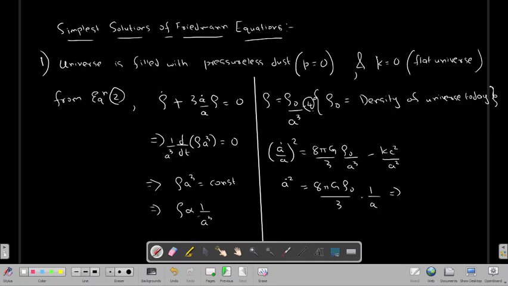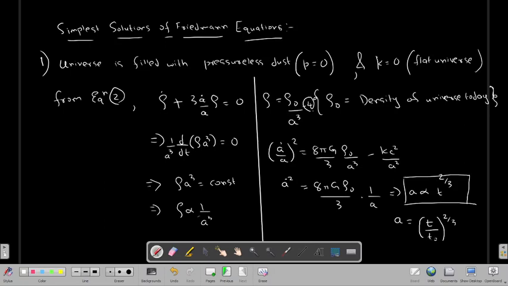that the variation of a is proportional to t to the power 2 by 3. Okay, this is a very important result and you should always remember this. So if I fix the proportionality constant, then I can write this as a is equal to (t by t0) raised to 2 by 3.